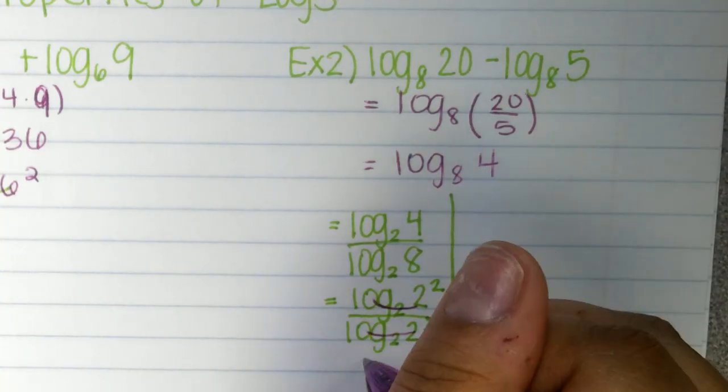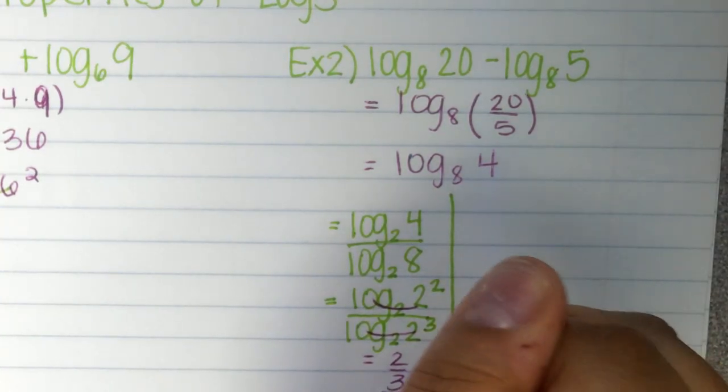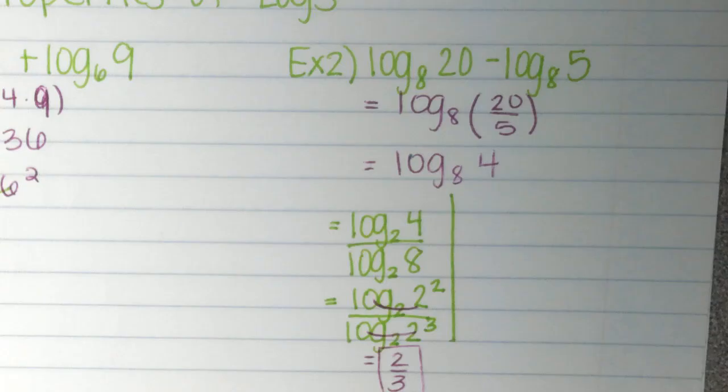Cancel them, and what do you get? 2/3. That is the change of base formula.